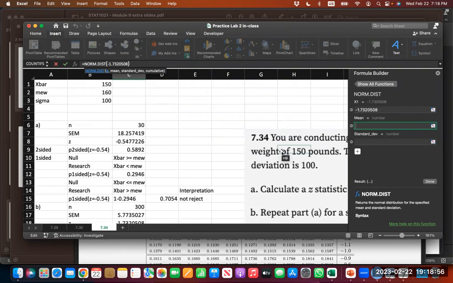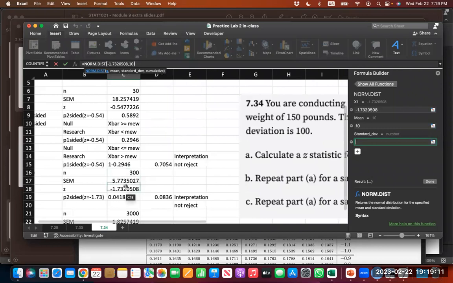So let's enter here for the mean the difference between 160 and 150, which is 10. The standard deviation here becomes our standard error of the mean for the second example B. And if we add an additional field, when you click on that plus, all four fields come up.